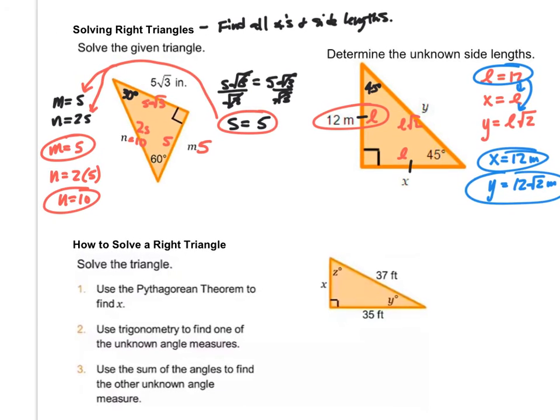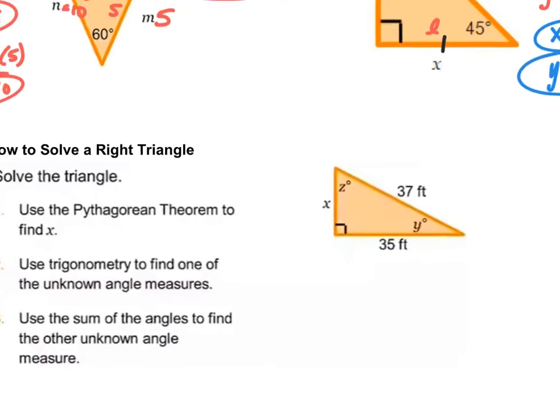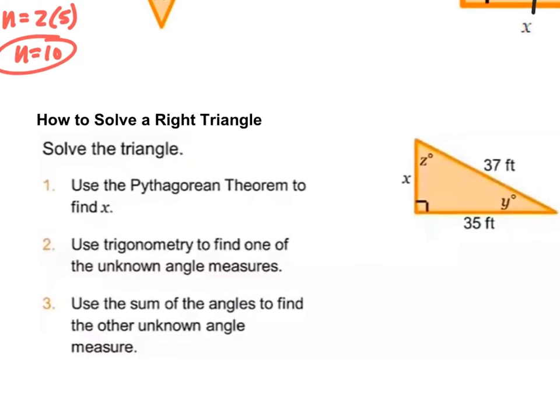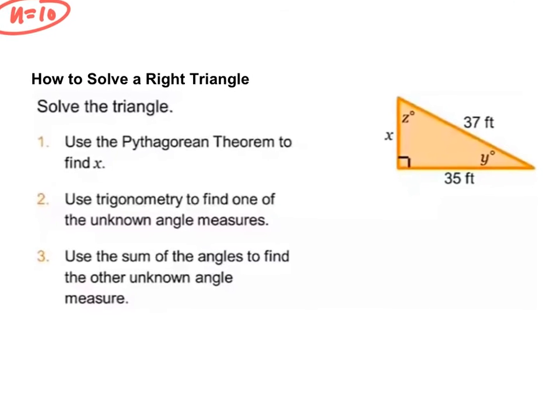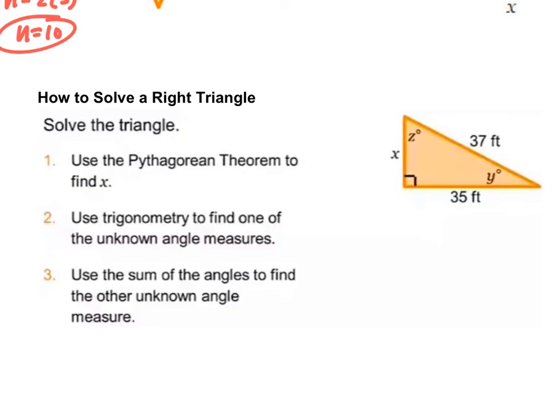All right, so now let's take a look over here. On this one, it says how to solve a right triangle. Now, you're given a different scenario, so you kind of have to just think: what do you have? What do you not have? What I notice here is I have two sides of a right triangle. I can find the third using the Pythagorean theorem.